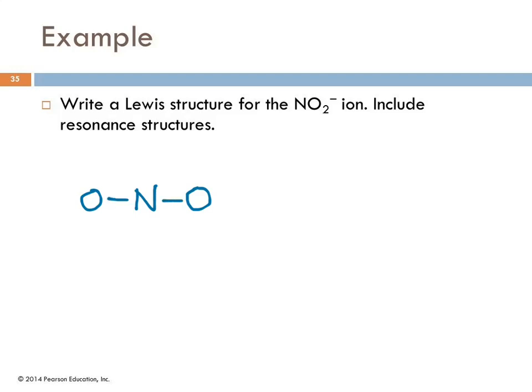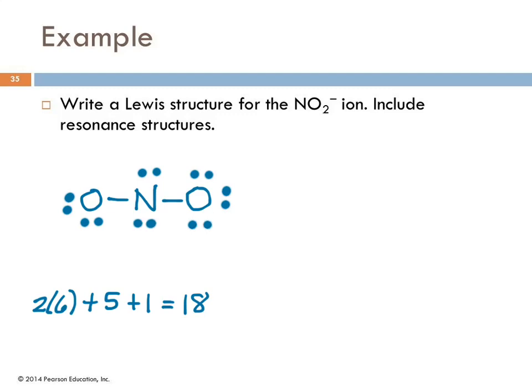And then we have to figure out how many valence electrons we have. Well, there's 2 oxygens, they each have 6. And then there's 5 for the nitrogen. The negative charge, do we add 1 or subtract 1? Add 1. So this ends up being 18. So 2, 4, 6, 8, 10, 12, 14, 16, 18.